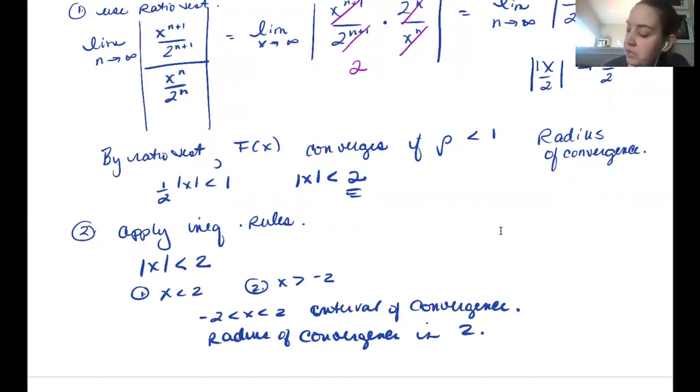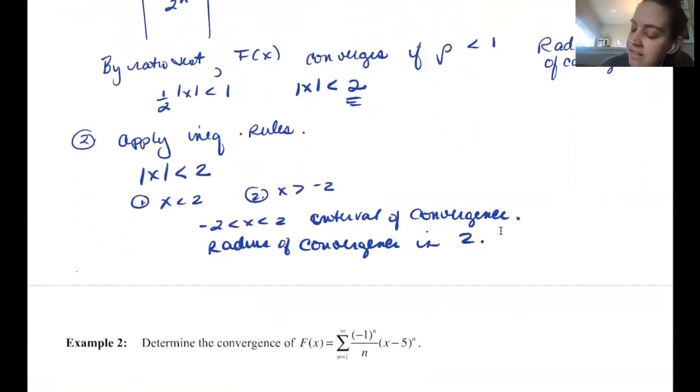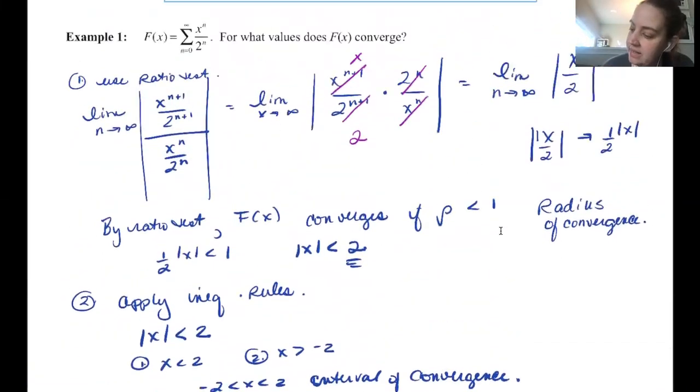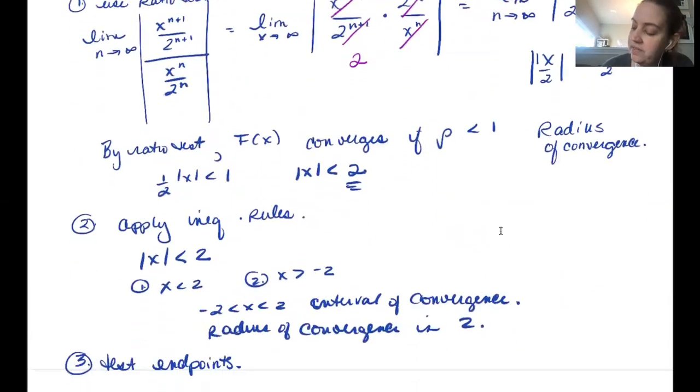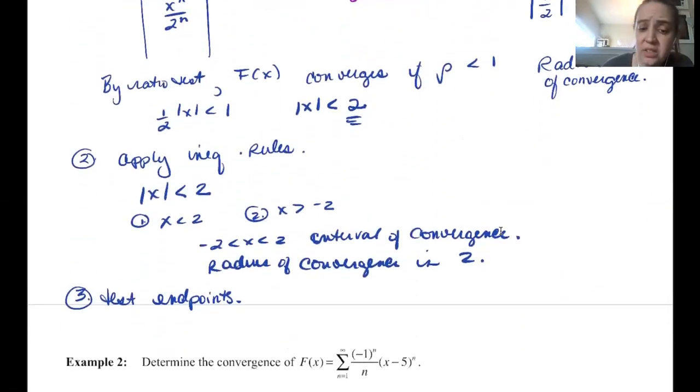You just have to know which one they're talking about. And then the last step is to test the endpoints. Because this one is centered at 0, it didn't shift anywhere, your endpoints are -2 and 2.